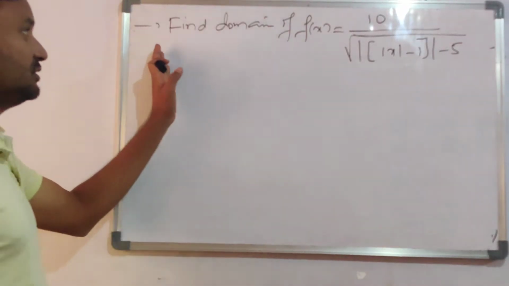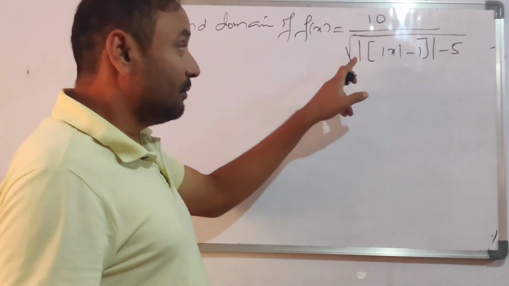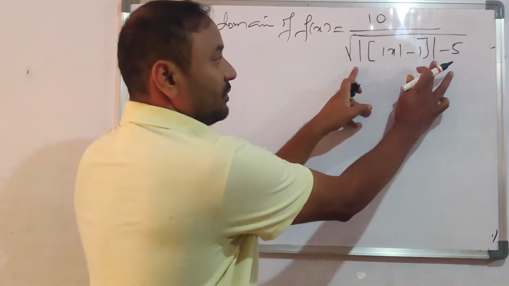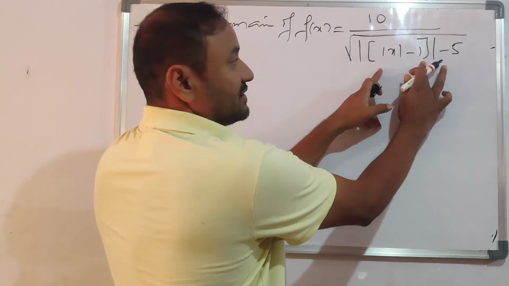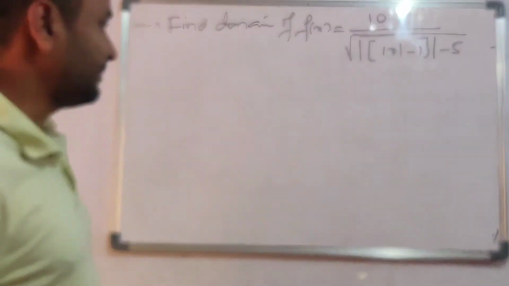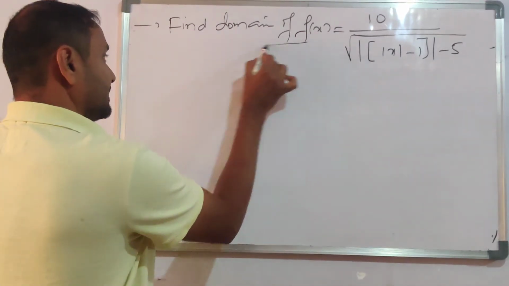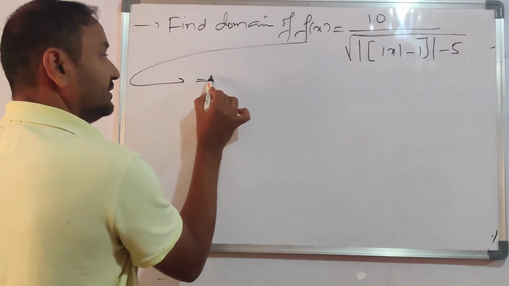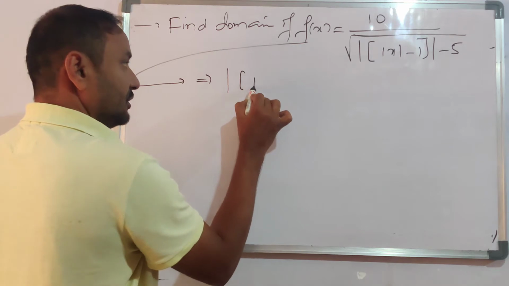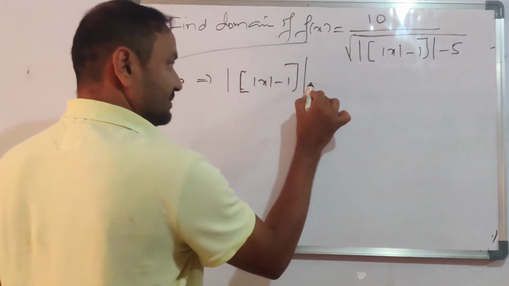So take another problem. Domain of f of x equal to 10 by under root of modulus of step of mod x minus 1, minus 5. So this is another problem, differently here. It is defined, so from this you can take directly: modulus of step of mod x minus 1, this step is the greatest integer function, modulus minus 5.